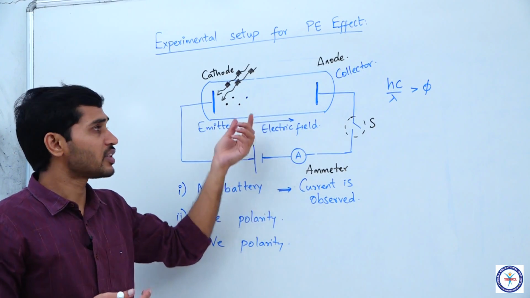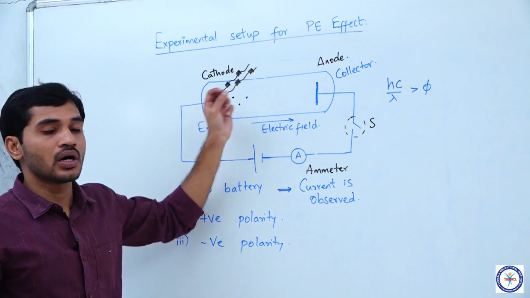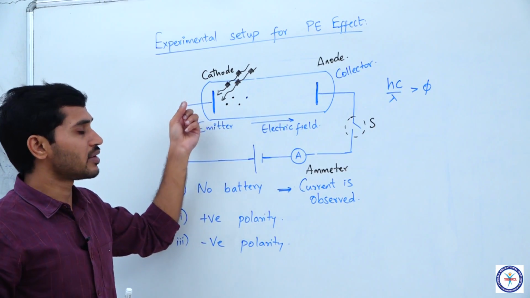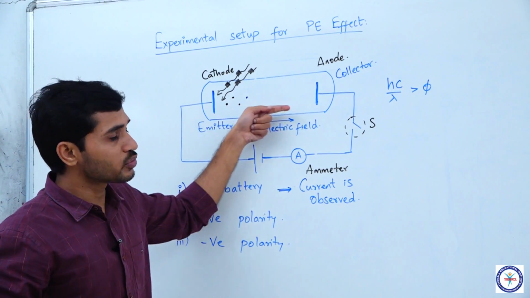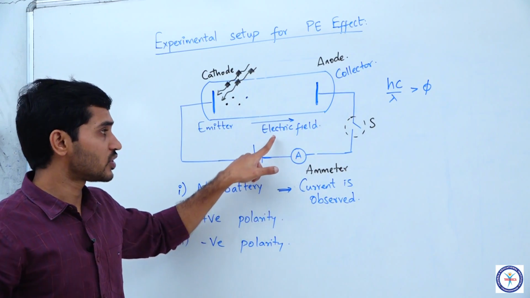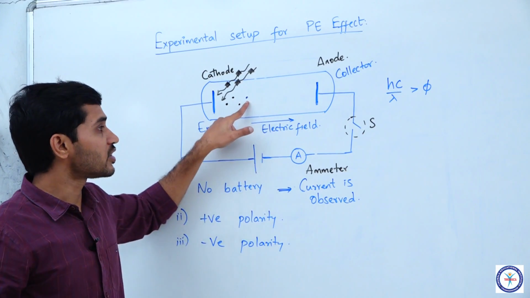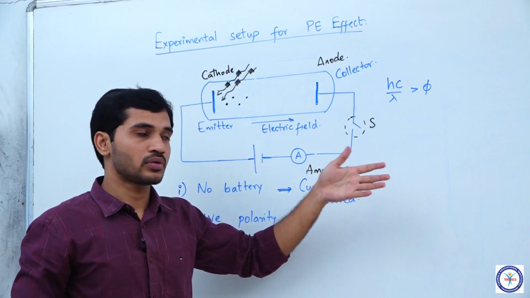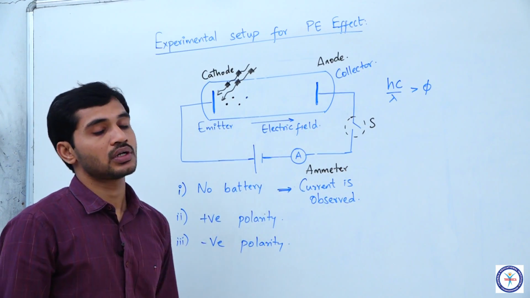Even the fastest moving electron, let us say the electrons are coming out from here with some velocity. Different electrons will have different velocities, and the faster moving ones are the ones which are going to reach the anode. But if this electric field is strong, even the fastest moving electron passing through this tube will not be able to reach the collector.